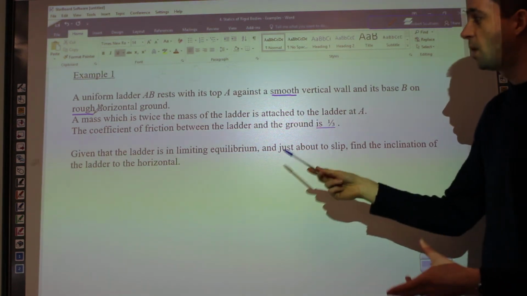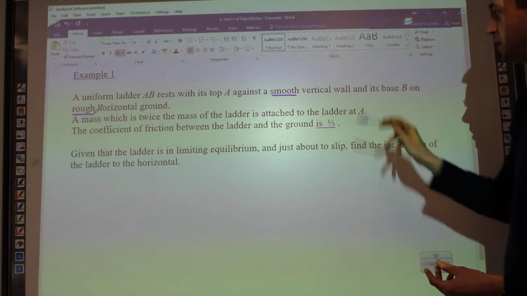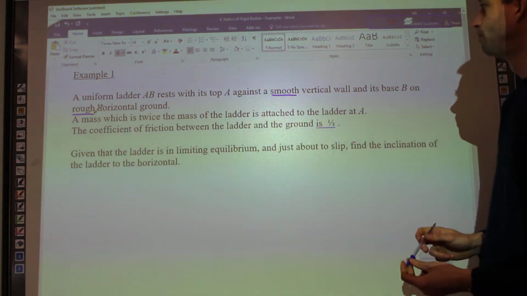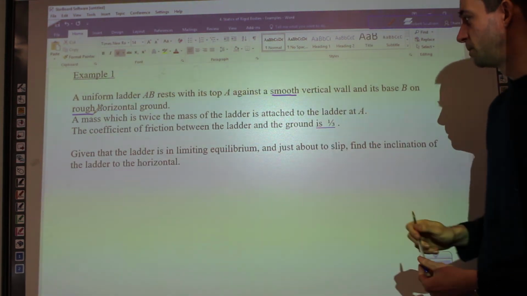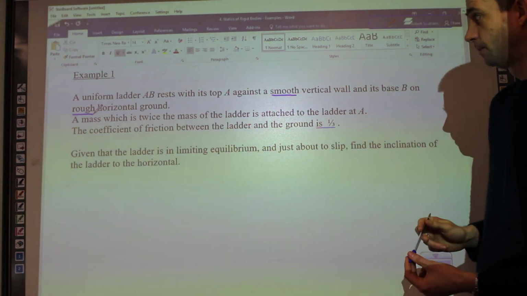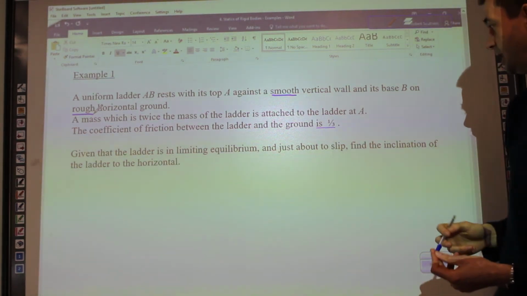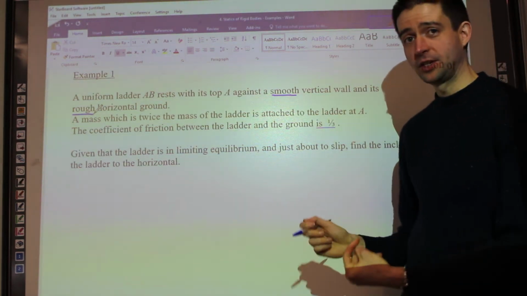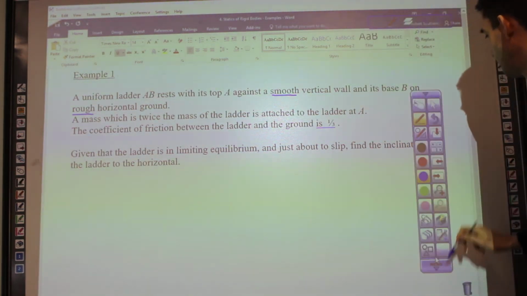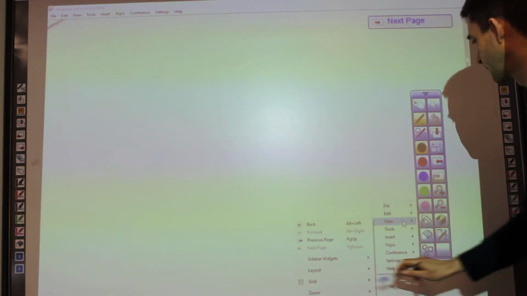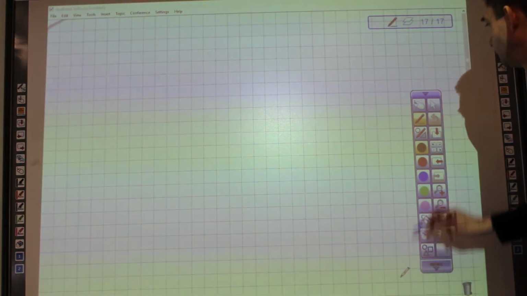A mass which is twice the mass of the ladder is attached to the ladder at A, so that's the bit that's up there on the wall. The coefficient of friction between the ladder and the ground is 1/3. Given that the ladder is in limiting equilibrium, just about to slip, find the inclination of the ladder to the horizontal. Right, let's put this into a diagram so that we can work out what's going on.